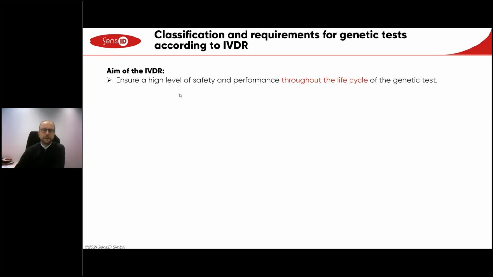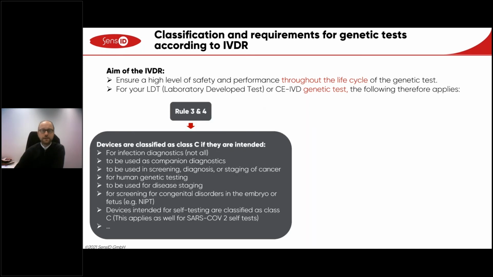And that is, as Sebastian already explained, to ensure a high level of safety and performance throughout the life cycle of a genetic test. So for your laboratory developed test or the CE IVD labeled genetic test, the following applies.